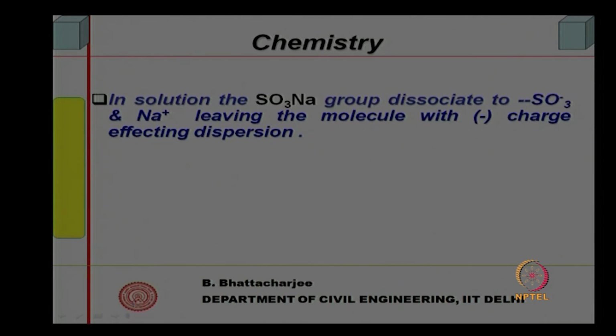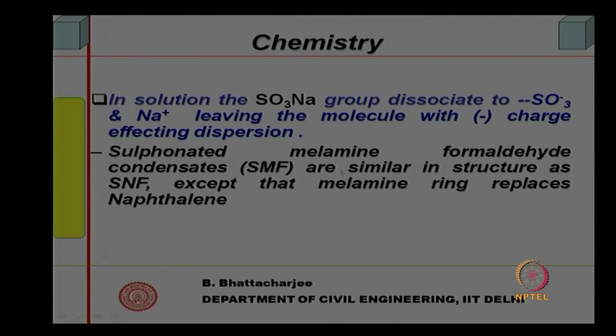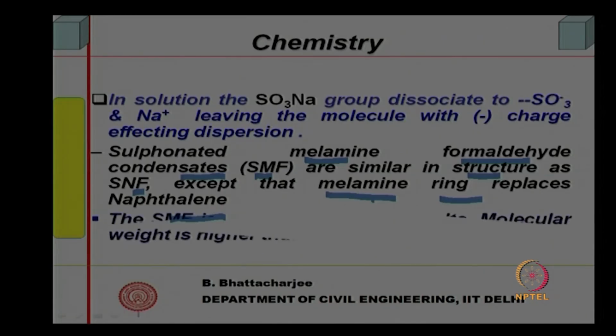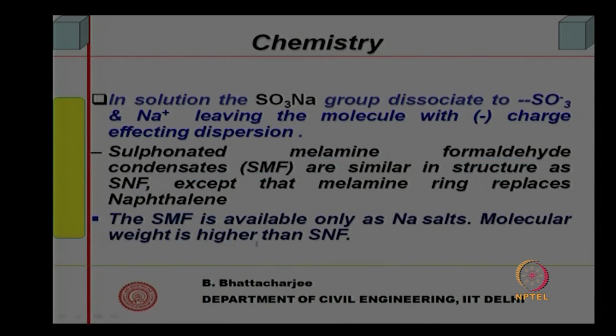The next one is sulfonated melamine formaldehyde condensates, and this is similar to SNF, the earlier one that we looked at, sulfonated naphthalene formaldehyde, except that a melamine ring replaces the naphthalene double ring.